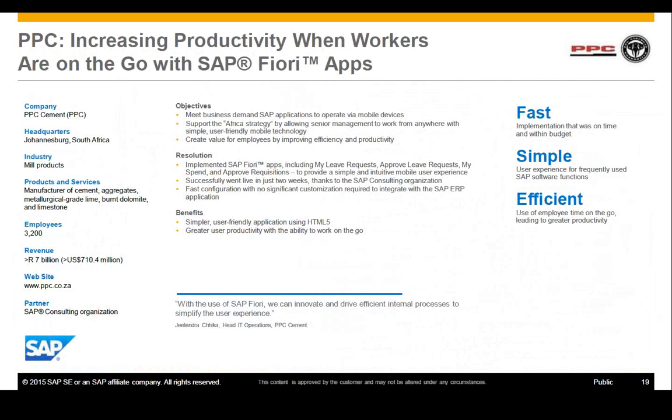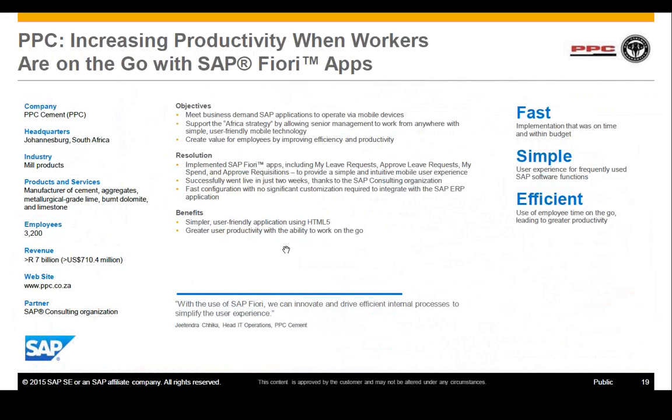Some of the success stories, for example, PPC Siemens in Johannesburg, South Africa. What benefits did they get? It's a milk product company, 3,000 employees, revenue more than 7 billion. What are their objectives, resolutions, and benefits?